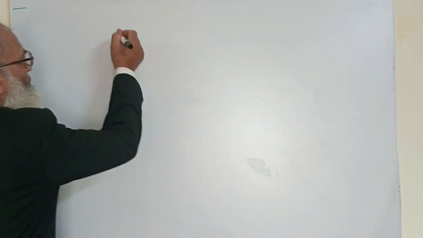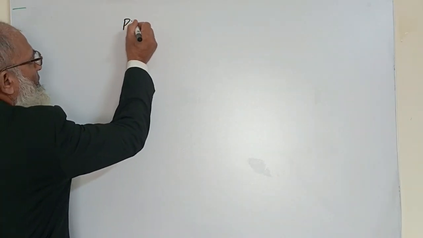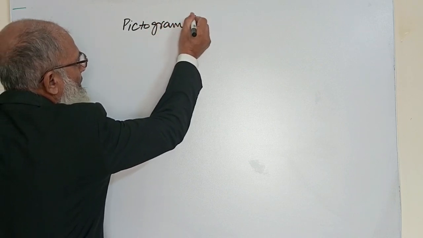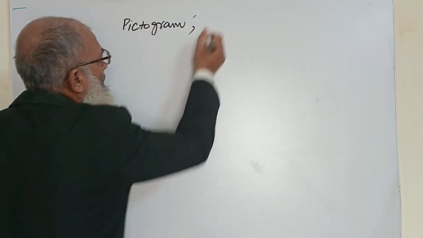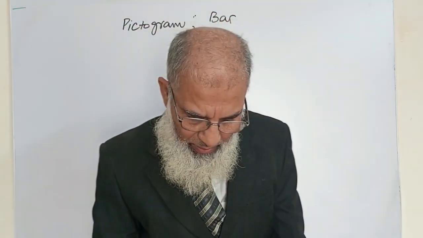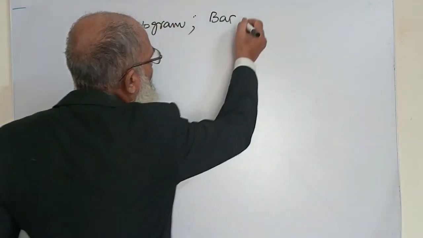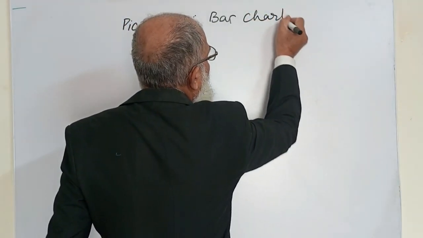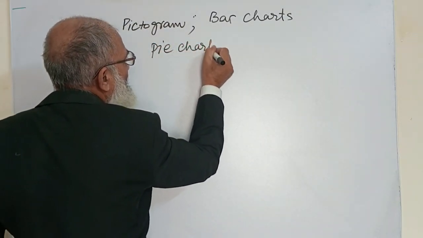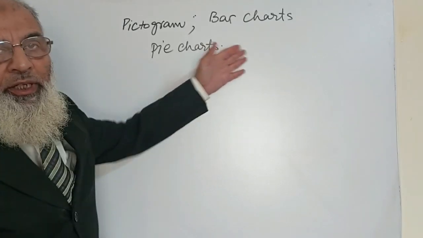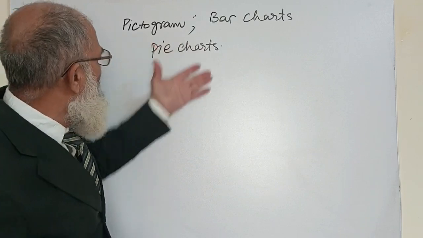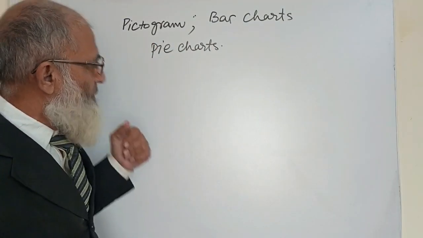Today we are going to touch pictograms, bar diagrams, bar charts, and pie charts. I have already told you some of the preface features of all these charts or diagrams.